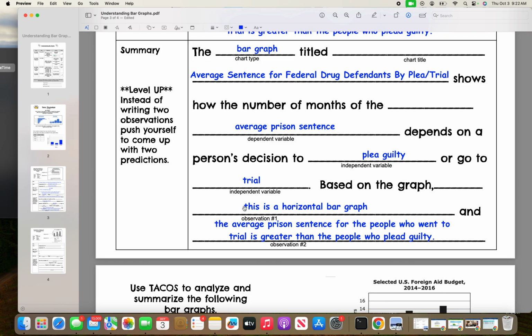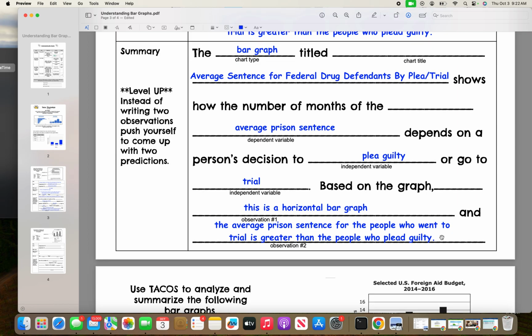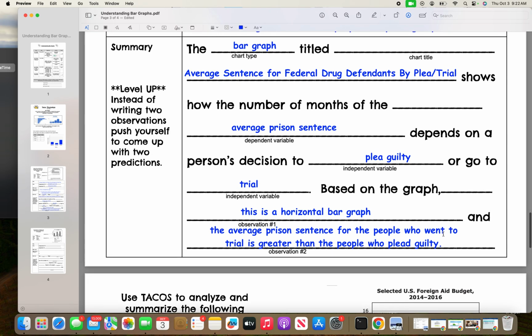Based on the graph, this is a horizontal bar graph, and the average prison sentence for the people who went to trial is greater than that for the people who pled guilty. That is a great summary, and if you're able to do that, which we were, then we are on the right track.